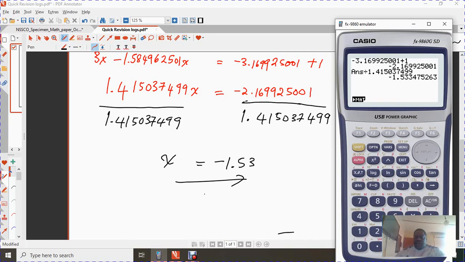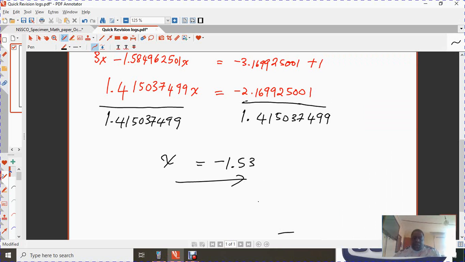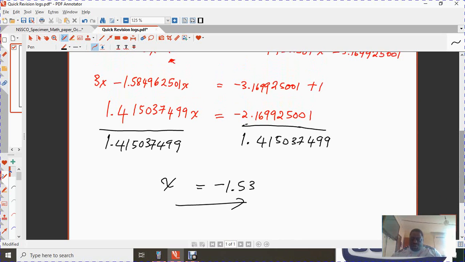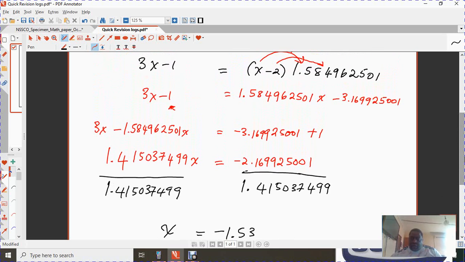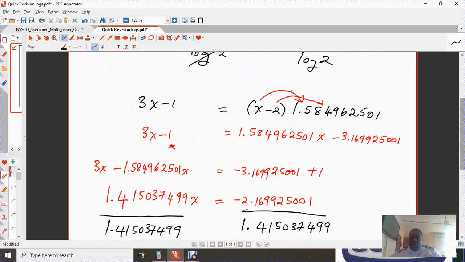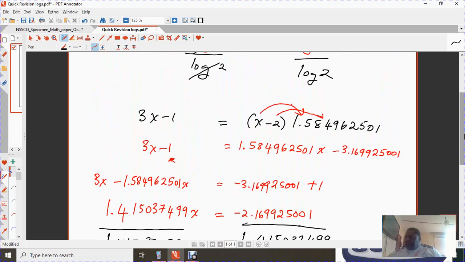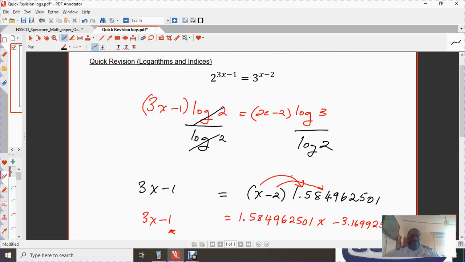It's a very interesting question. Please go ahead and see the steps that I have taken, step by step. It involves quite a lot of calculations, and I've tried to write down everything without rounding. To recap, you use your power law, and then you divide everything by log 2. Log 3 divided by log 2 is a calculated value of 1.5849 and so on.